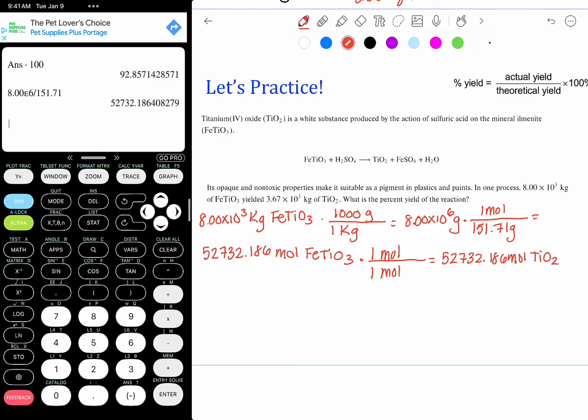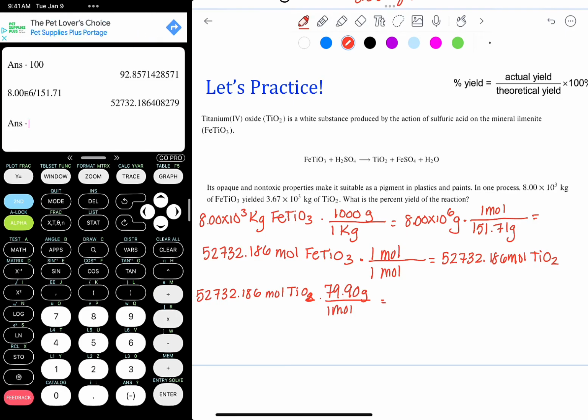Okay, so our actual yield is in units of kilograms, so we're going to take that 52,732 and convert it from moles to grams using the molar mass. So 1 mole of TiO2 is 79.90 grams.